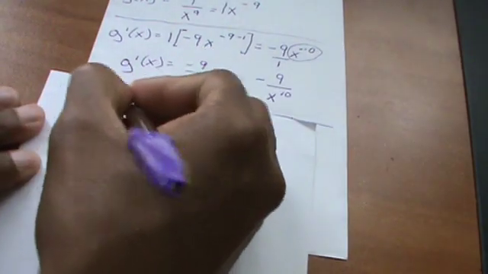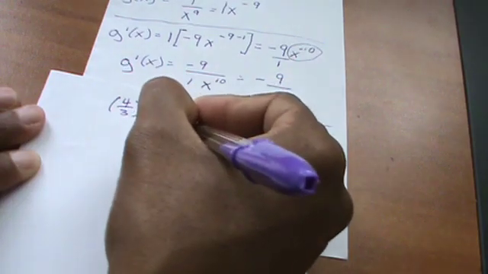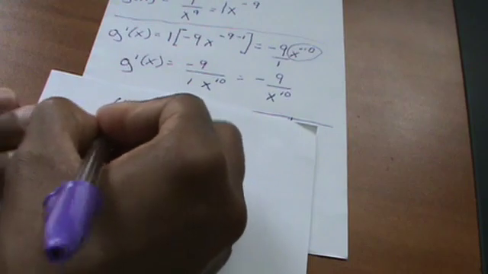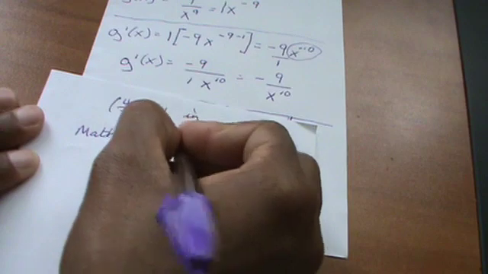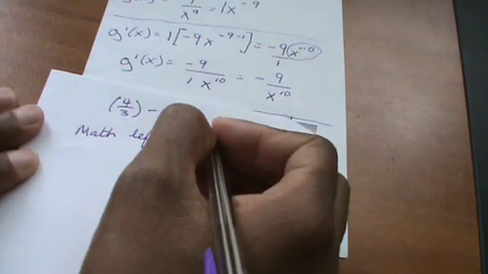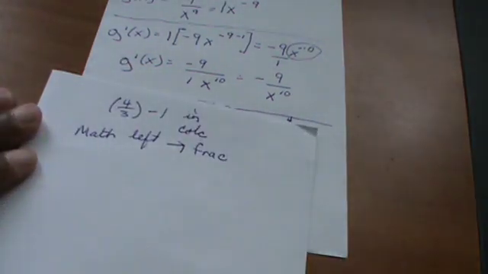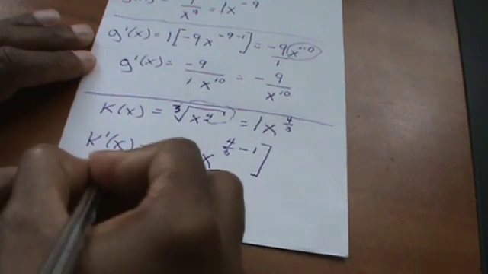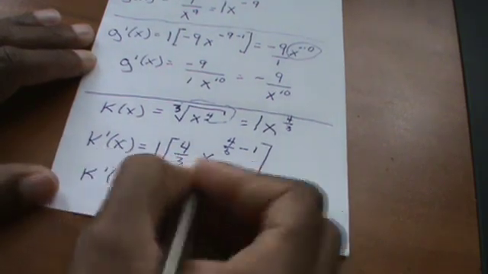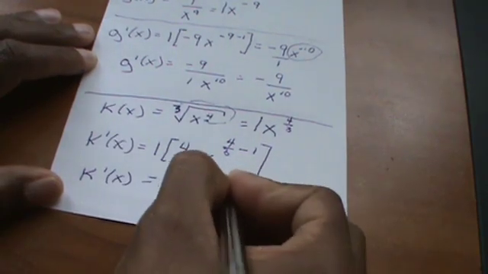If you do 4/3 minus 1 in your calculator, then you should be able to press the math button that's on your left of your calculator, and it should allow you to convert it to a fraction, FRAC, right? So that's what I typically do. So then k prime of x equals 4 over 3 x to the 1 over 3.